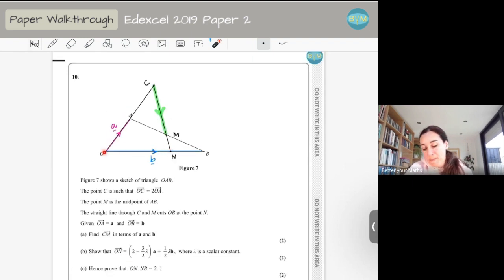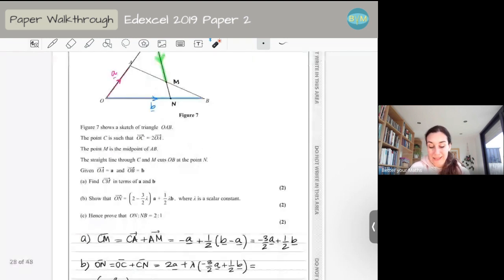ON is a parallel vector to B. So we have written in terms of A and B that ON is parallel to B, which means really it shouldn't have an A component. It's going to be a scalar times B if it's parallel to B. So this thing here must be 0, because it's only parallel to B. So if we make this equal to 0, we can find our lambda.